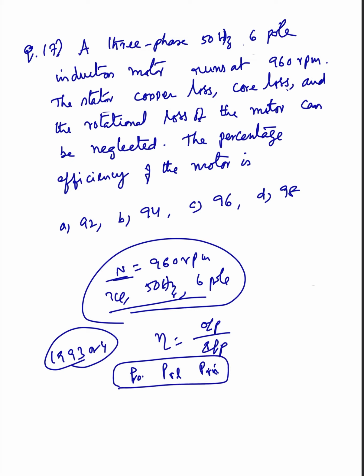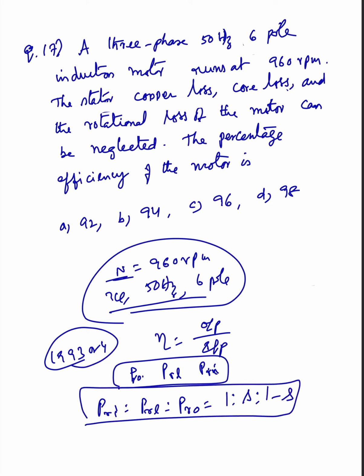I saw a relation between output, rotor loss, rotor input. And also I derived it. You can derive with the approximations, it is equal to 1 : s : 1 minus s. This is the relation between the rotor power input, rotor loss, rotor power output.